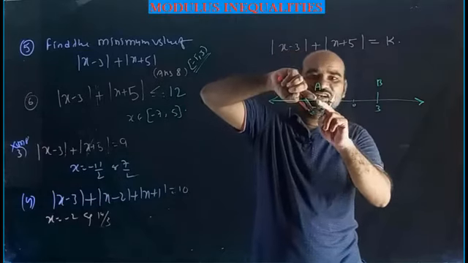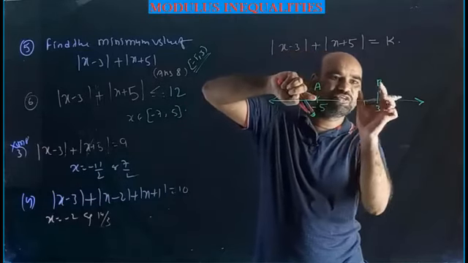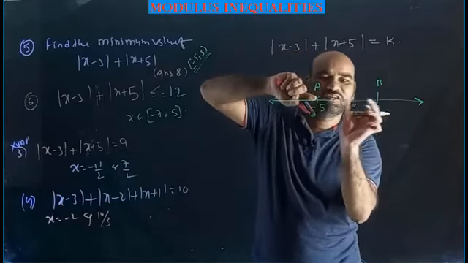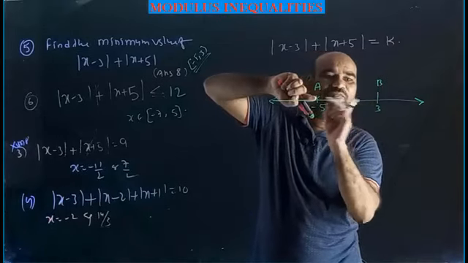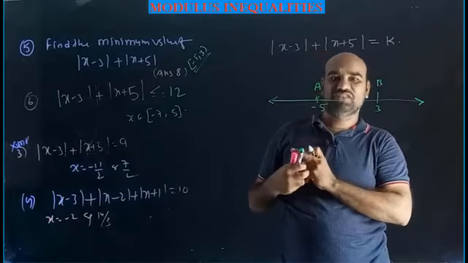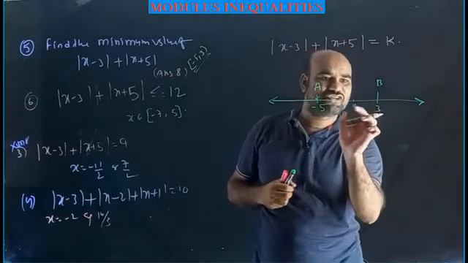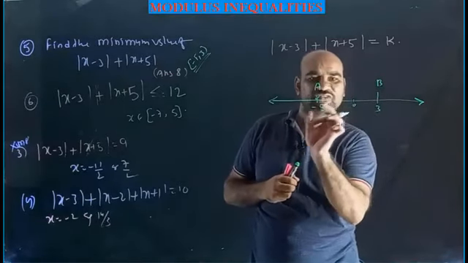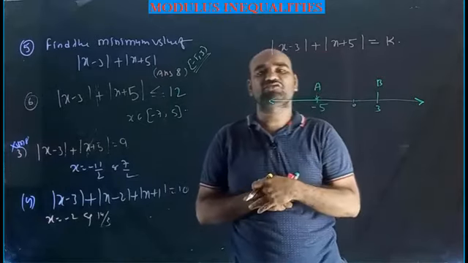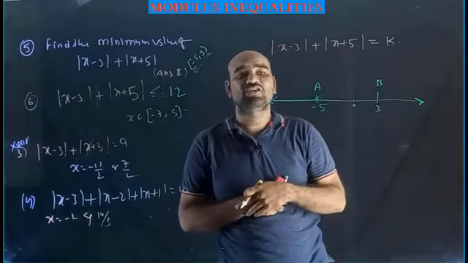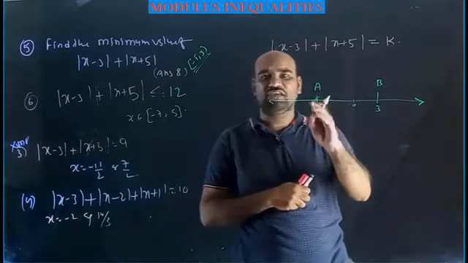So A will be here only, B should travel 3 units plus 5 units, totally 3 plus 5, 8 units. B should travel 3 units from 0 to 3, and 5 units from 0 to minus 5. Totally, B should travel 8 units to meet A at A's home.